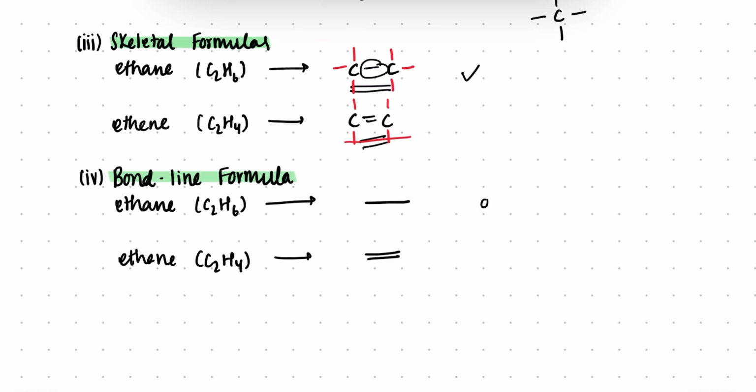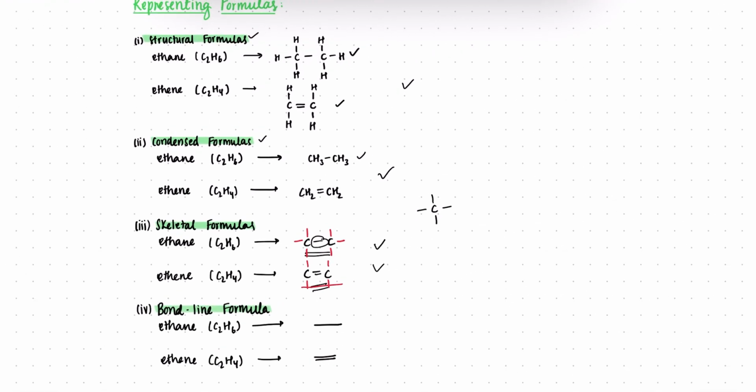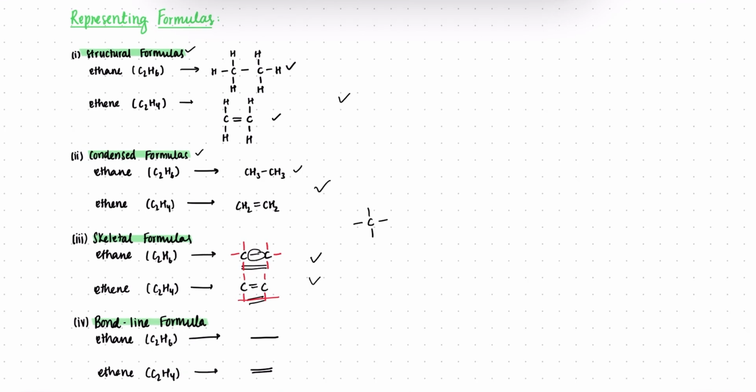But when you're considering the bond line, those are only used to represent carbons. And obviously the hydrogens are implied, like in a skeletal formula. So yeah, those are the 4 types of formulas that can be used to represent an organic compound.